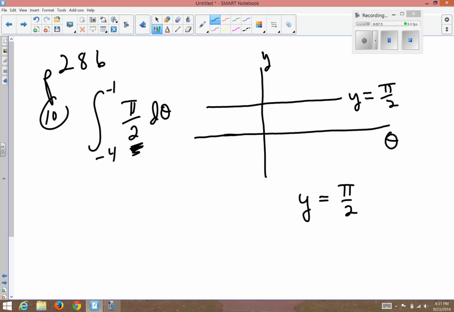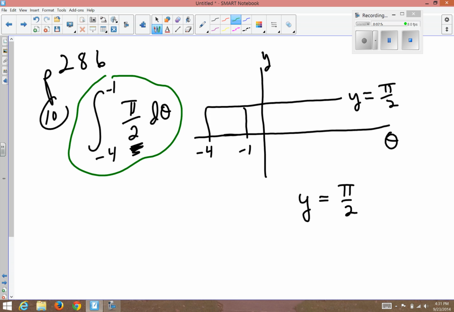We're going to look at the region between this function, which is a horizontal line, and the theta axis, or x-axis, from x equals -4, let's say that's here, to x equals -1. That's here. In other words, this question is simply asking, what is the area of this green rectangle? Because the region between y equals the integrand and the x-axis, from -4 to -1, is a rectangle.